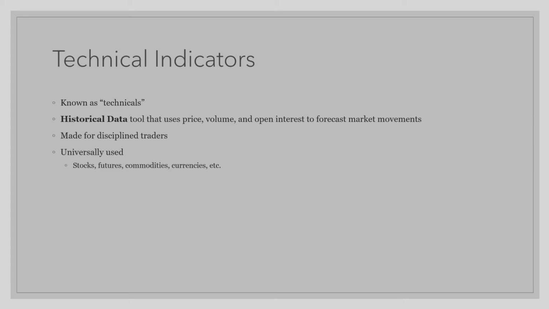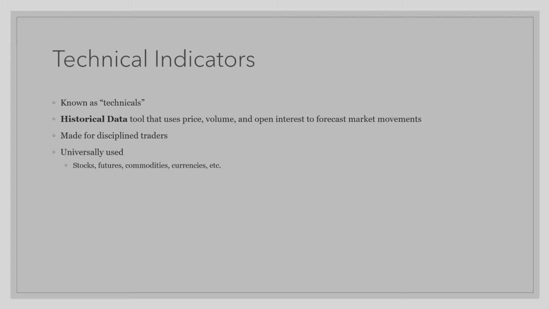Now that you have a better understanding of what indicators generally are and the styles associated with them, it is now important to break down the two types of indicators. The first type are known as technical indicators, better known as technicals. Technicals use historical data such as price, volume, and open interest to forecast market movements. This type of indicator is made for the disciplined trader.